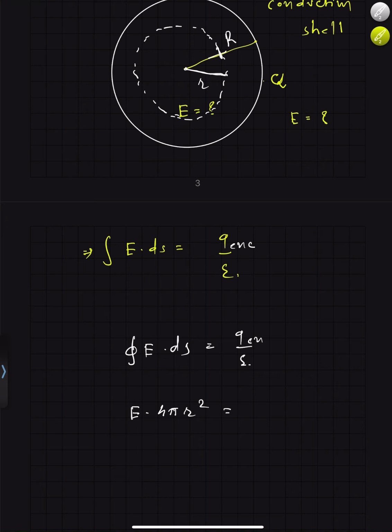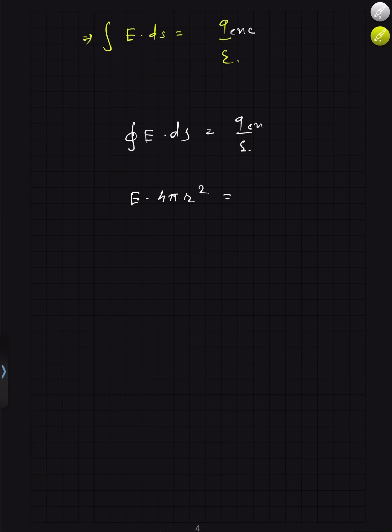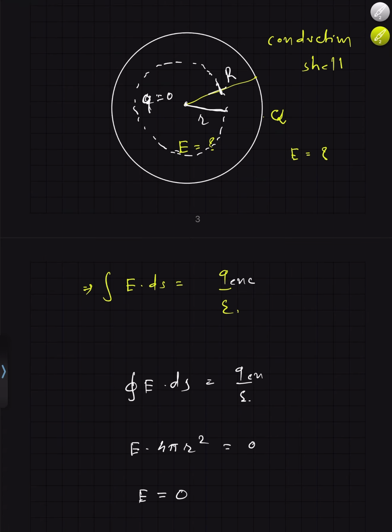There is no charge inside the shell, so q enclosed is 0. So E is also 0. So the electric field inside the spherical conducting shell is 0.